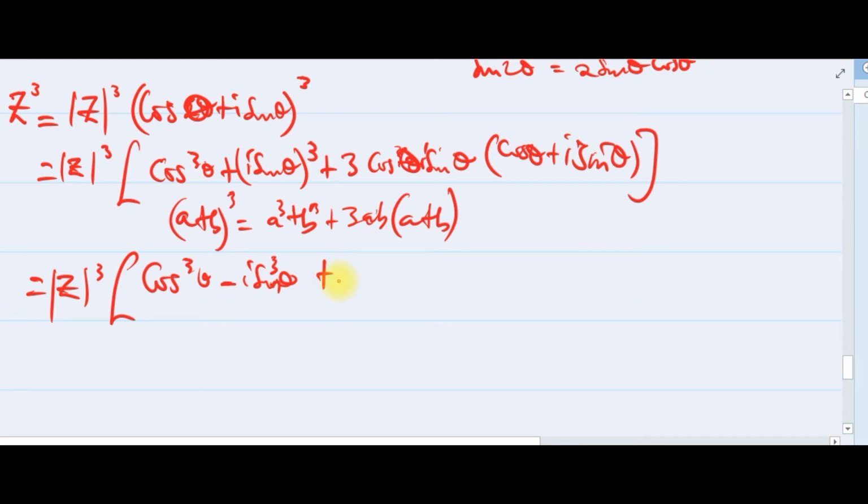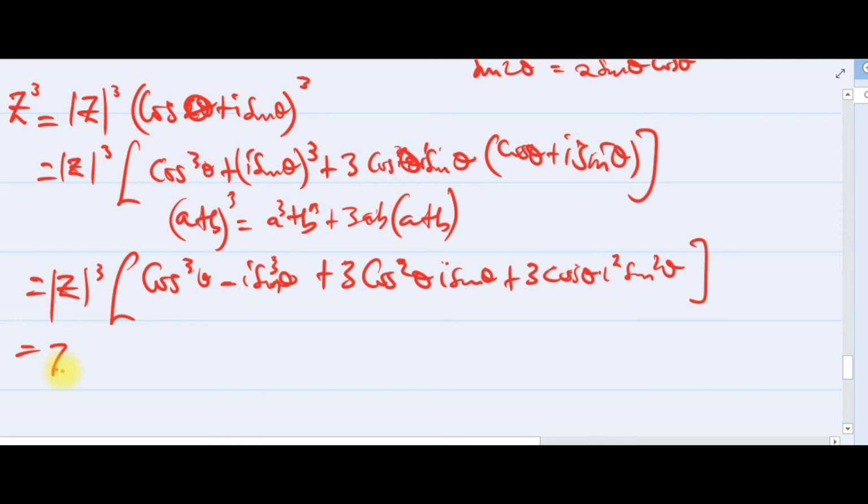Plus, we can split this as 3 cos squared theta i sine theta, plus 3 cos theta i squared sine squared theta. This is z cubed.